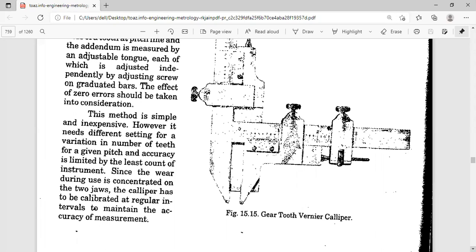Because some of the fundamentals in the first chapter, we have just started directly with limits, fits, and tolerances. Actually, this metrology, if you had two papers, would have included more knowledge regarding the practical aspects of what we are following in the industry. The heart of the industry is the quality control personnel.